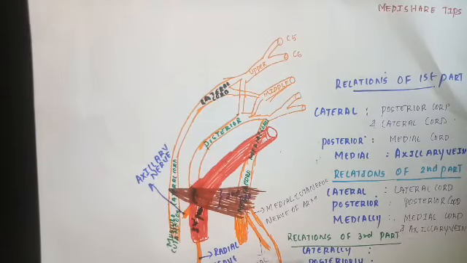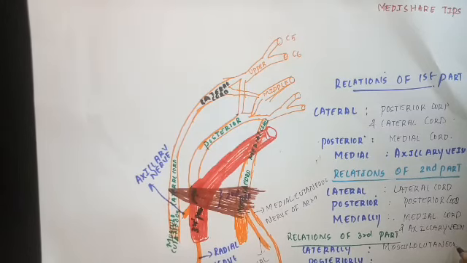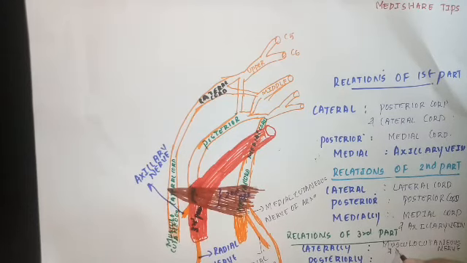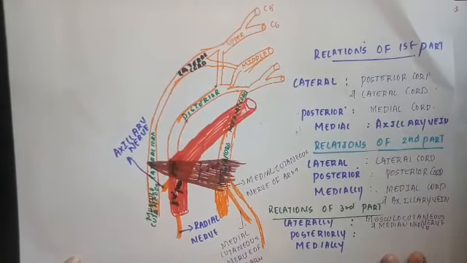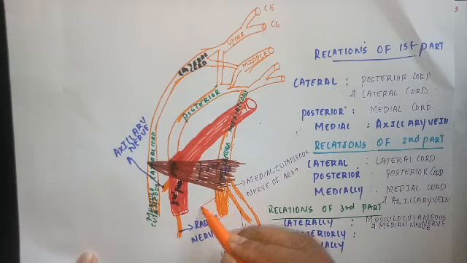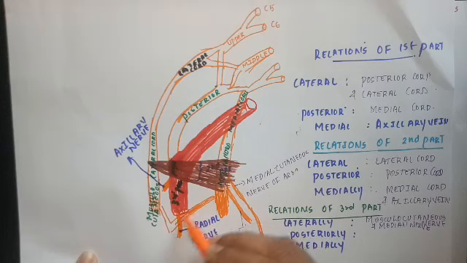So laterally, the branches of the lateral cord, that is the musculocutaneous nerve in the upper part, and also median nerve in the lower part, because the median nerve is formed here, from the lateral and medial branches.